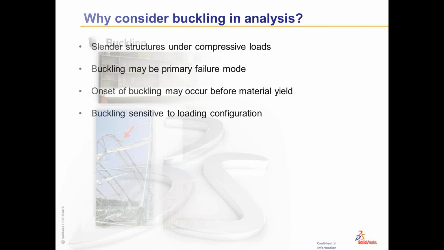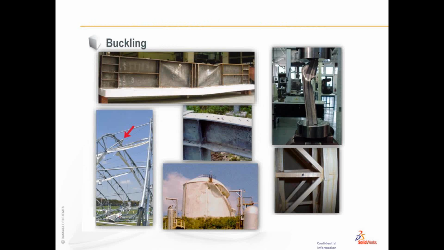So here are some examples of different slender columns, thin long columns, or slender webs or shell-type structures that have encountered buckling of different degrees. We have some columns, like in the upper right picture, that are undergoing buckling tests.